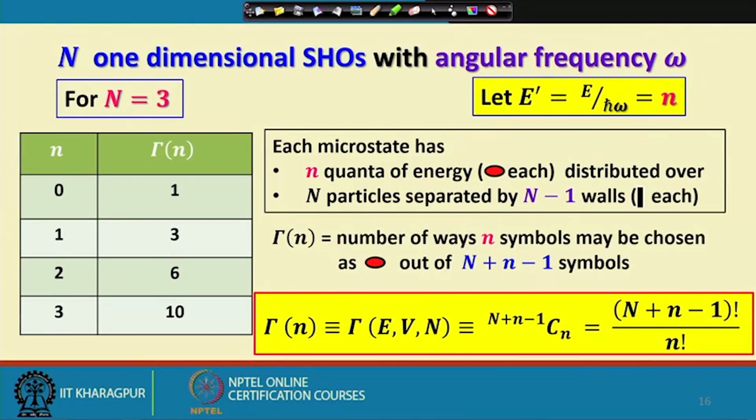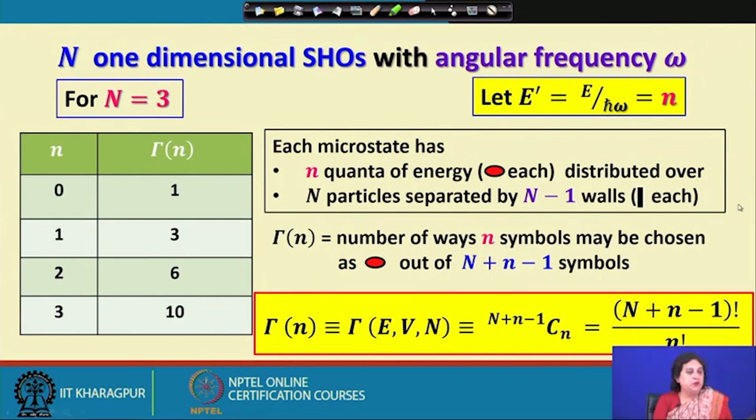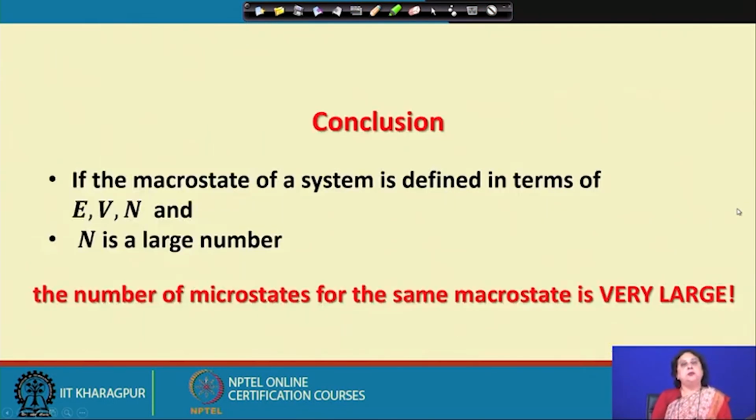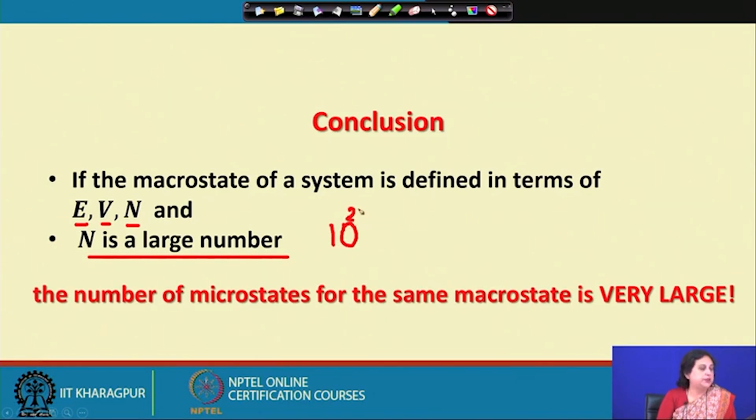So, in conclusion, what I would say is as follows. We have learnt now that if the macrostate of a system is defined by giving some specific constant values to its thermodynamic variables like the total energy, volume and the number of particles, and if N is a very large number, typically of the order of 10 to the power of 23, in that case for every macroscopic state there is a very large number of microscopic states possible for the given thermodynamic state of the system.